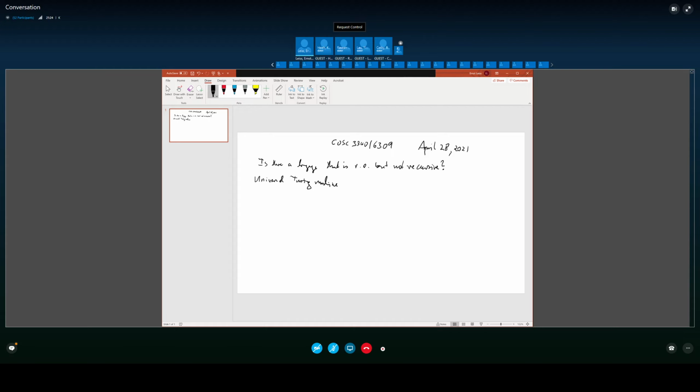A universal Turing machine U basically does what the name suggests.